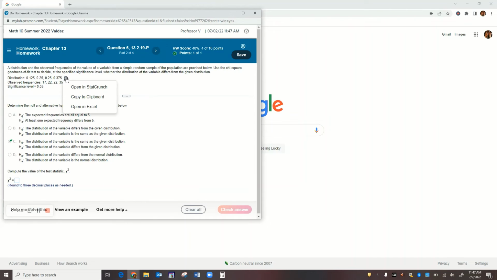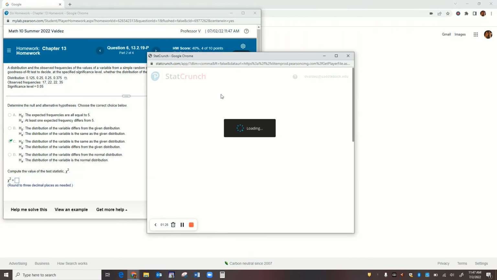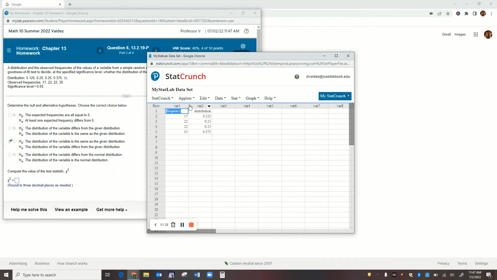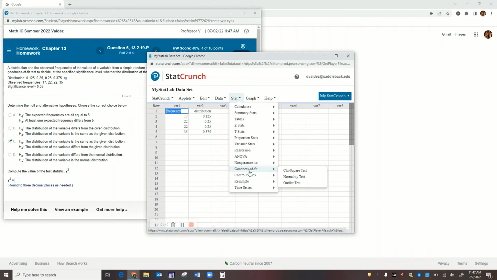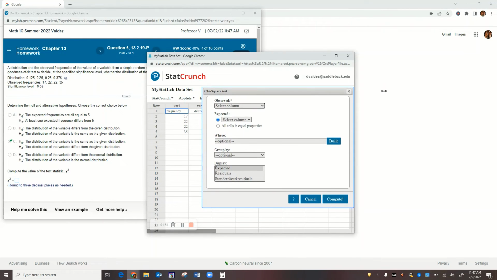So what we're going to do is open that data in StatCrunch. And then notice here, variable 1, the frequencies, these are observed. Okay, and variable 2, these are the expected. So you're going to go to stat, goodness of fit, chi-square test. Observed were in variable 1.